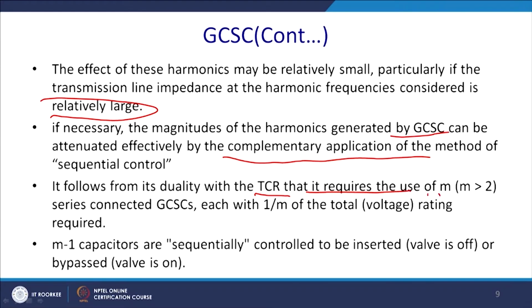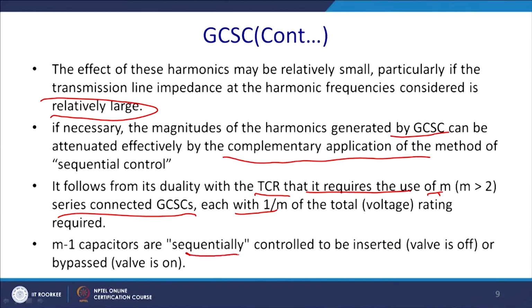It follows from the duality with the TCR that it requires the use of M series connected GSCs, where M is greater than 2, each with 1 by M of the total rating. So, you have to put them in series.